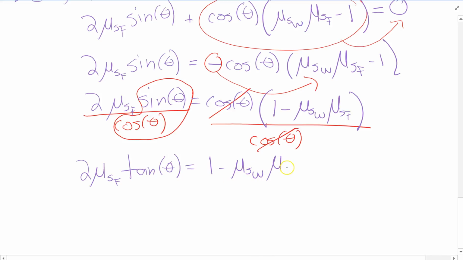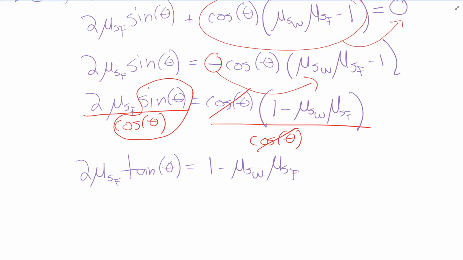The fact that I had sines and cosines made my life really difficult, because if I'm solving for theta, I'm going to need to use an inverse trig function. Unfortunately, I can only use one at a time. So if I had an equation of just sines, I could use inverse sine or arc sine to find the angle.